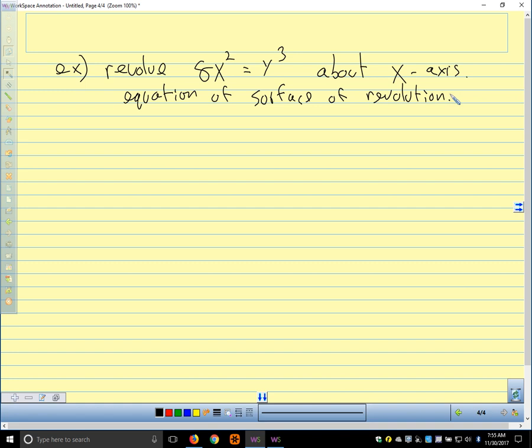All right, so we're revolving this about the x-axis. So what do we want our radius function to be in terms of? x, right?